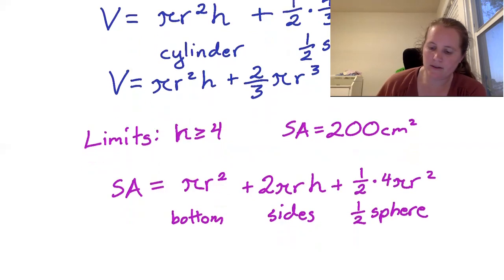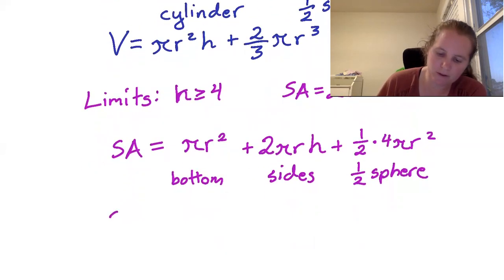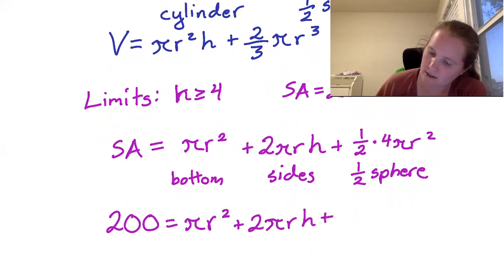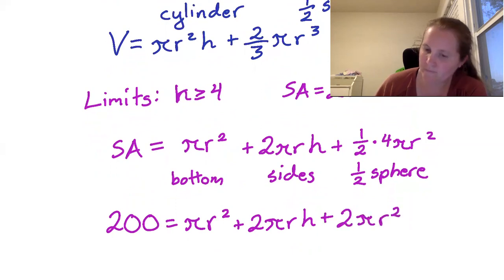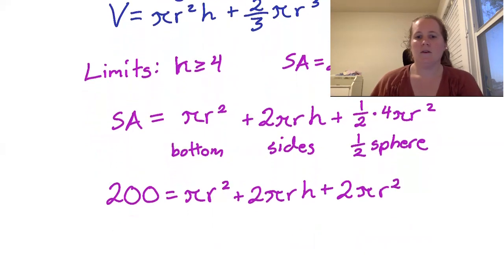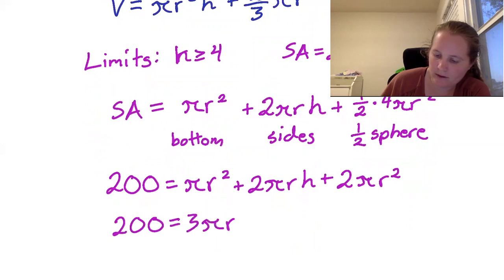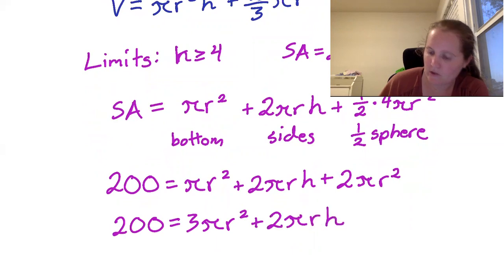So if we plug in our 200, we'll have 200 is equal to pi r squared plus 2 pi rh plus 2 pi r squared. Or in other words, 200 is equal to 3 pi r squared plus 2 pi rh.